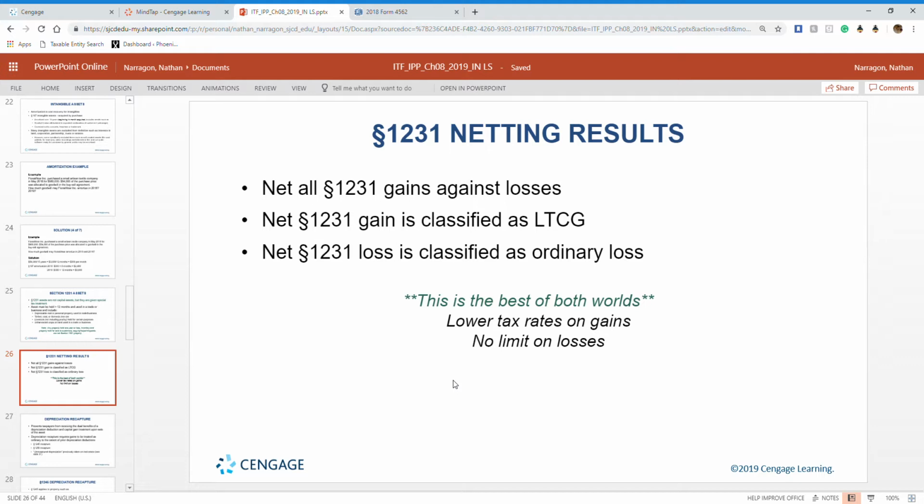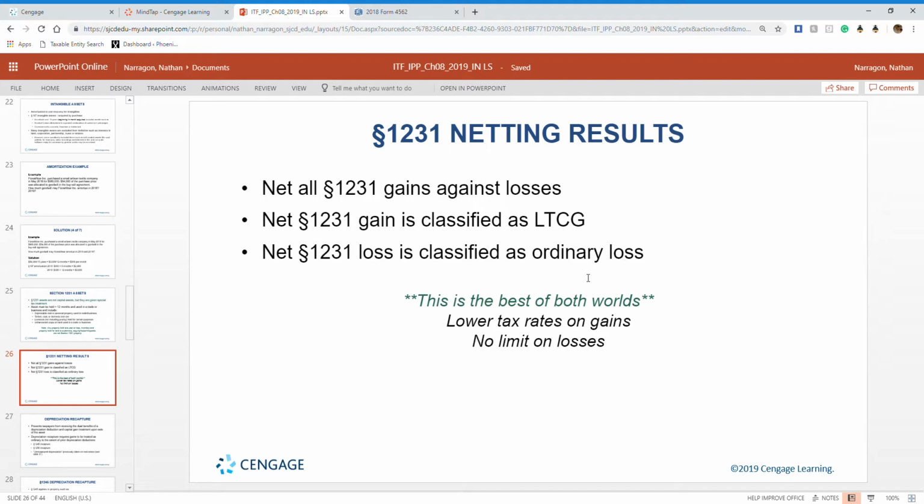When we're looking at these, all Section 1231 assets get to be netted against each other, and it's usually classified as a long-term capital gain. Again, Schedule D comes back in here. If it's a loss, it's classified as an ordinary loss.